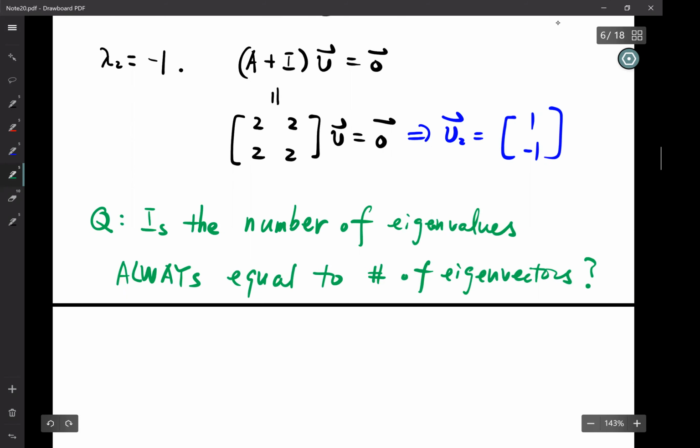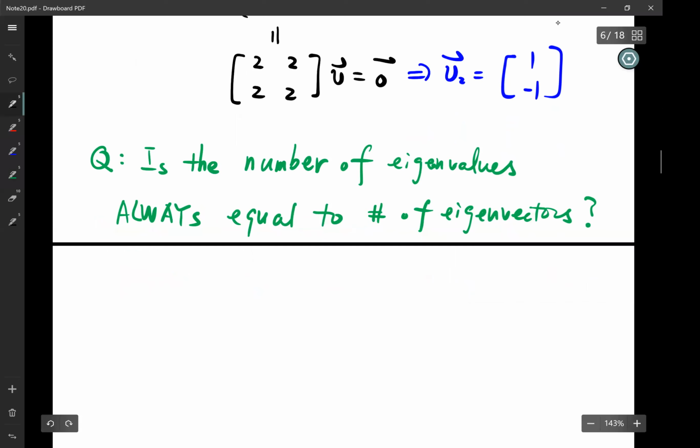So the example above obviously showed that this is possible, but the question is whether this is always the case. Let's take a look at one example. So A is 1, 0, 0, 1.